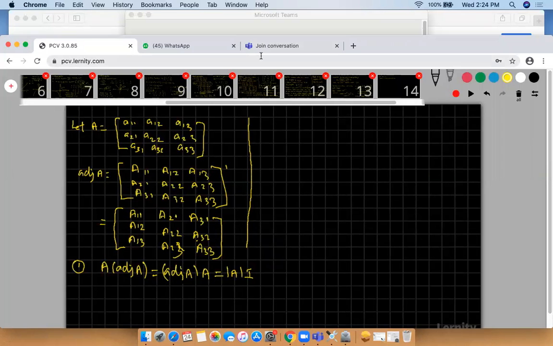This is the first result, which we have already proved. Before going to the second result, we have to see some definitions.